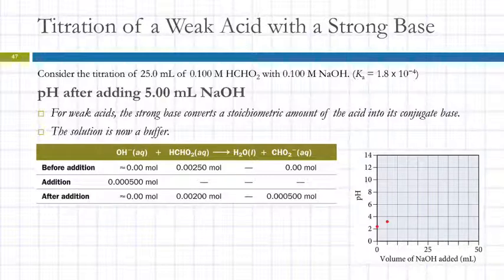So let's look at what happens with adding 5 milliliters of sodium hydroxide. So here we have our starting amount of the acid, so 0.00250 moles, and adding 5 milliliters of sodium hydroxide, that's 0.0005 moles of the base.